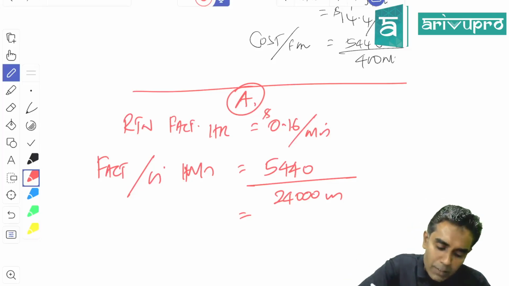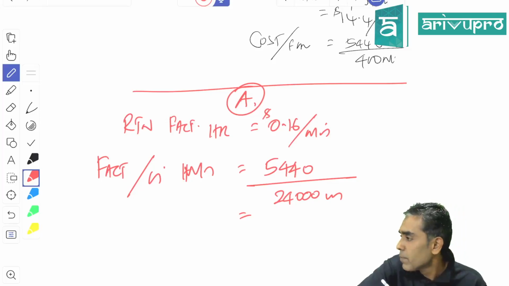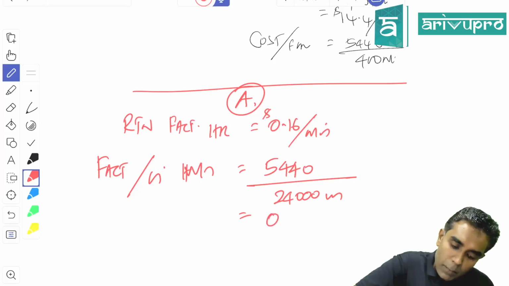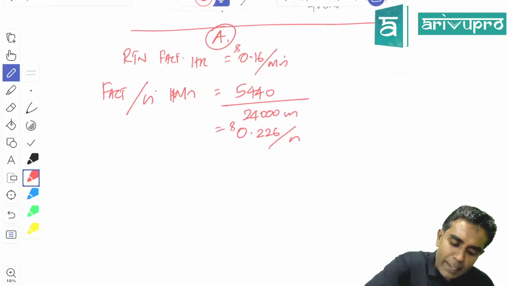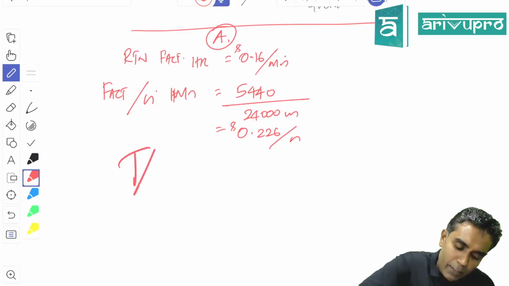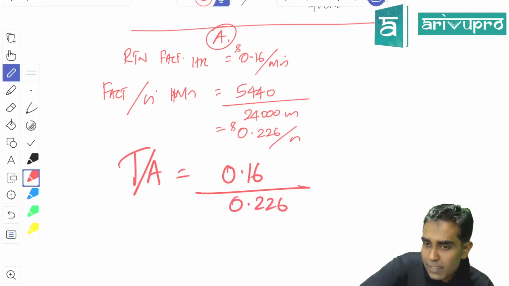How much? 5,440 divided by 24,000 minutes. 0.226 per minute. Am I correct? Now the product A TA ratio would be 0.16 divided by 0.226. Am I correct? How much?